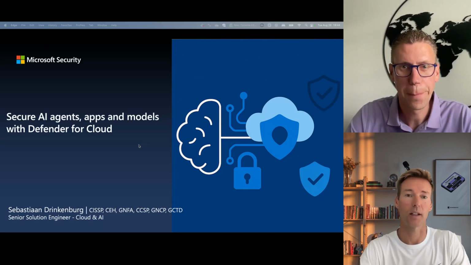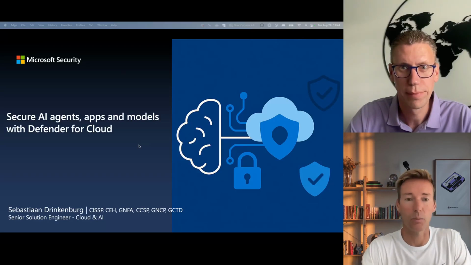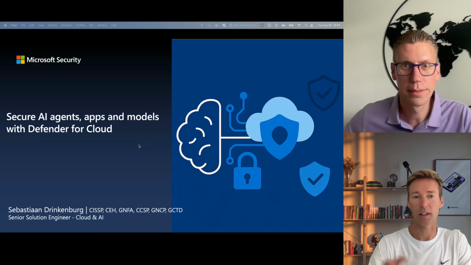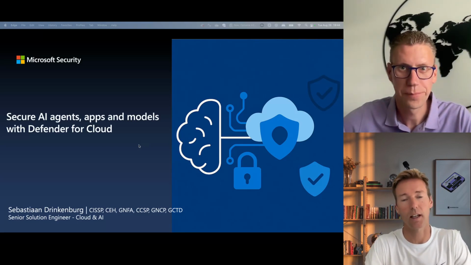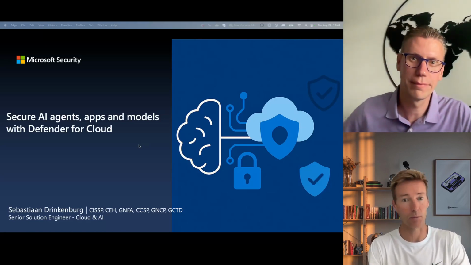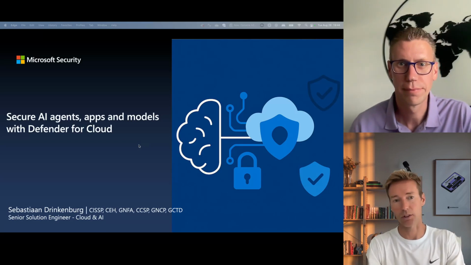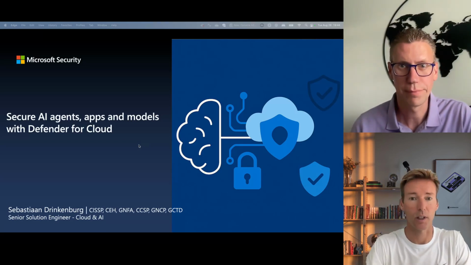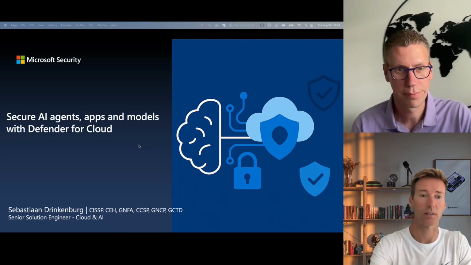We have Copilot capabilities within the Azure platform, but we also leverage Copilot within GitHub. That is, however, not what we are going to talk about today, because this is more focused on AI models or applications that customers can build themselves and host within Azure, AWS, or GCP. That is basically what we're going to have a look at today.